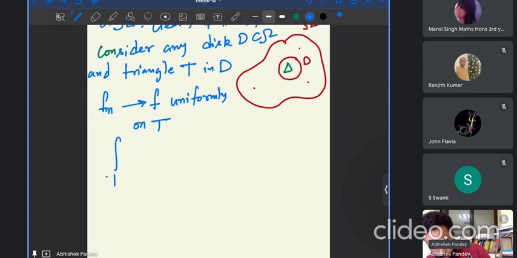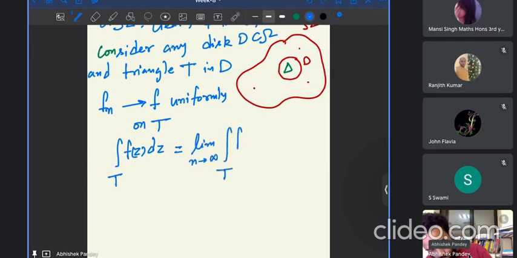Now consider this integral of f(z) dz. This is nothing but the limit as n tends to infinity of the integral over T of fn(z) dz.